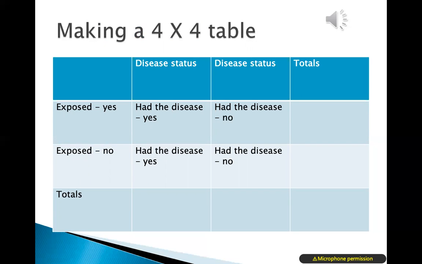And the rows are those who are exposed to the particular risk factor and those who are never exposed, just as we discussed before with colorectal cancer and hormone replacement therapy. Each of those cells is given a letter name, A, B, C, D, going across from left to right and then from top to bottom. That'll be important in the next slide because we can simplify this down to a formula.